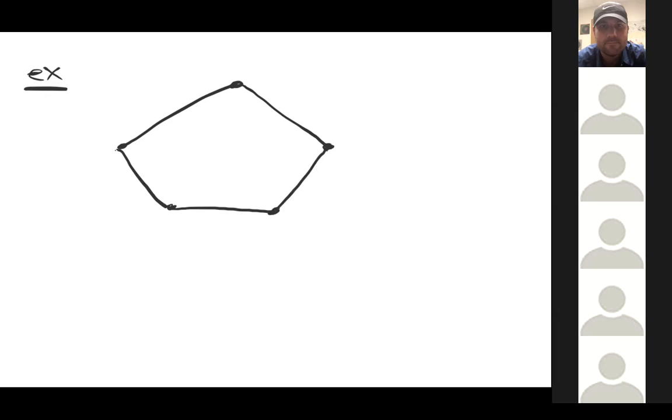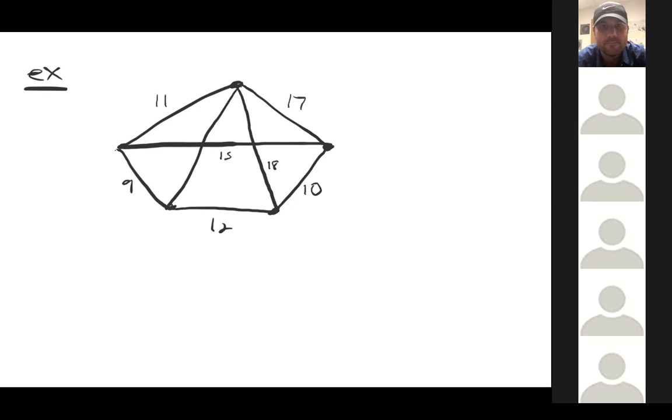Draw my graph here. Okay, this is 11, 17, 10, 12, 9. The one all the way across is 15. This one going diagonal is 18. This one going diagonal is 14. Okay, so let's practice how to do this one.